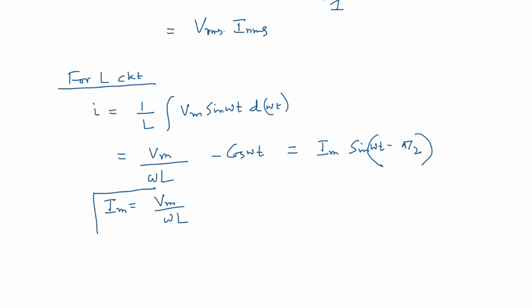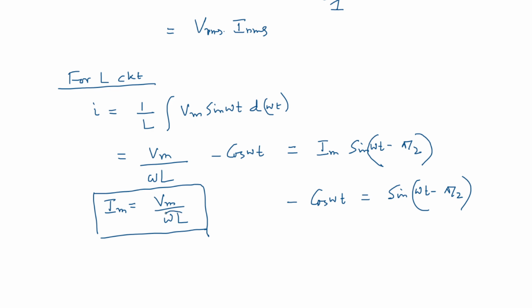That is very important. And minus cos omega t, we are writing as sin omega t minus pi by 2. Now, as far as this omega L is concerned, current is equal to voltage divided by something.